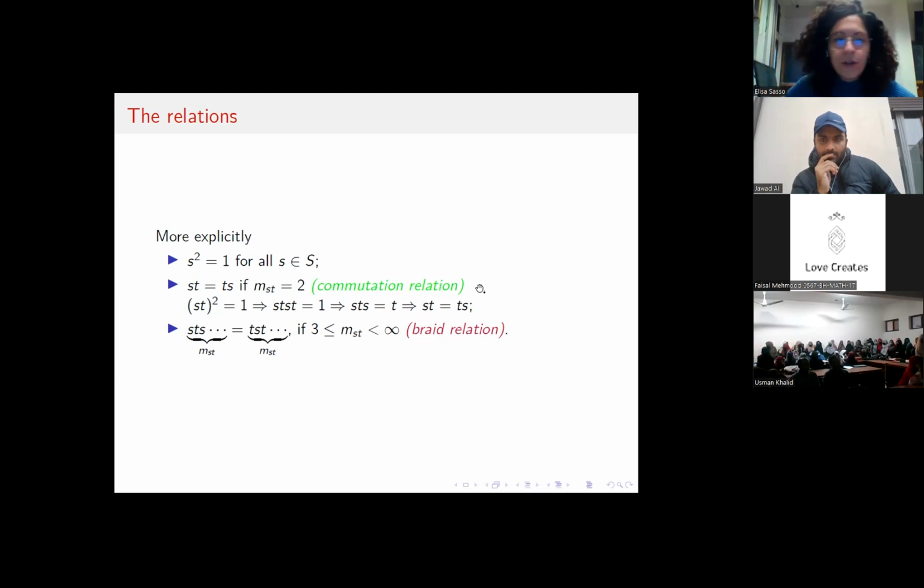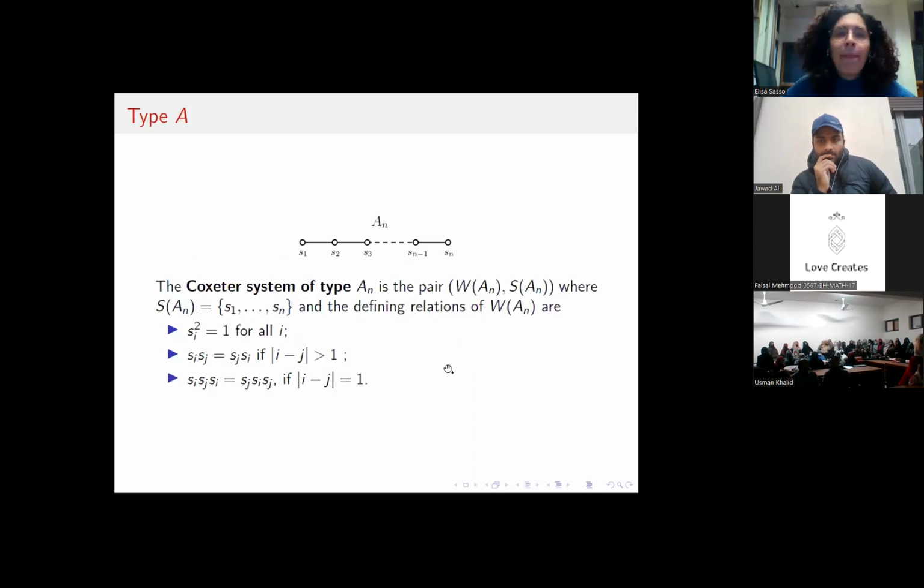And we have another relation which is called braid relation. If we multiply ST as many times as the M value, it is equal to writing TS so many times as the M value. All right, if the M is equal or greater than 3. So these are the relations, and the most important are the commutation relation and braid relation.